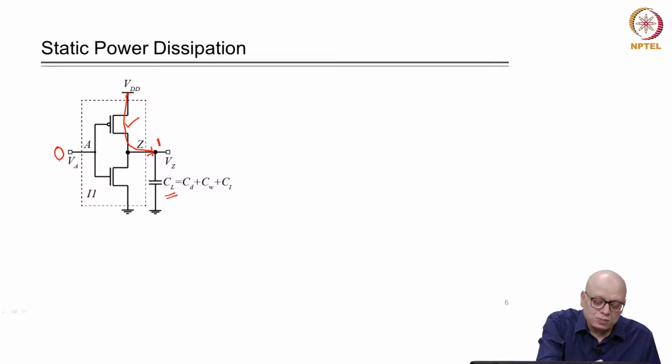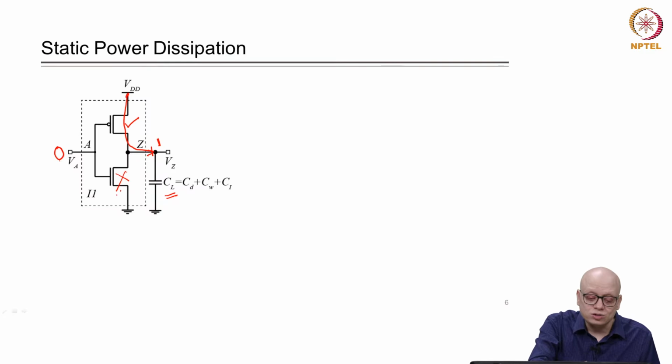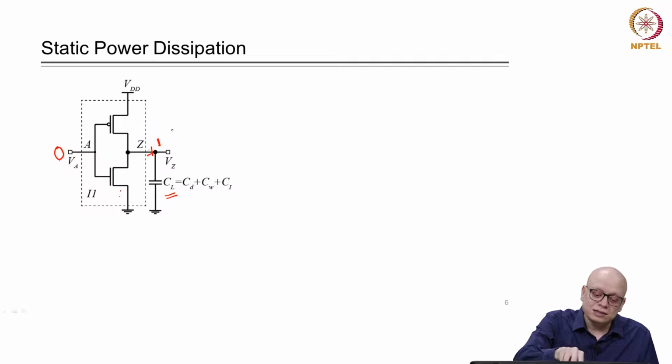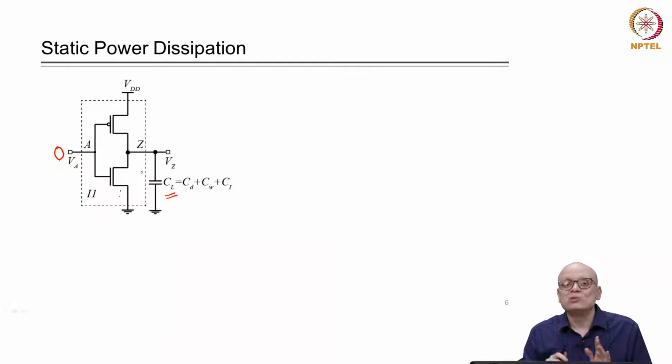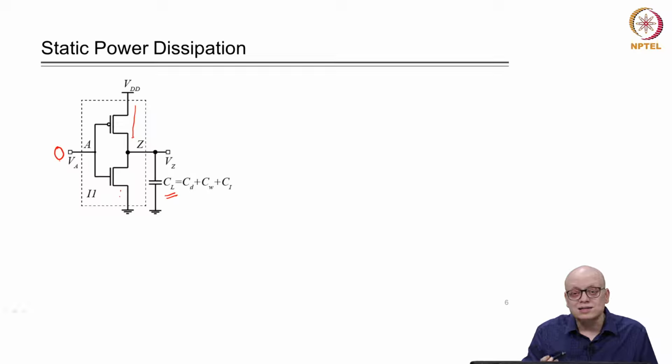And whenever the input is 0, this NMOS will be switched off. So, ideally, if this is switched off and the charging current also dies down, then we expect that in the stable state, meaning whenever the input value is not changing, there will be no current flowing through these transistors, and no power dissipation will happen.